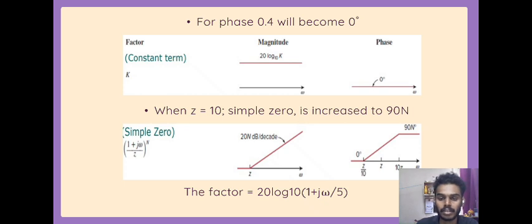The second is our zero at omega equals 10, which follows the standard simple zero pattern, starting at 0 phase shift for low frequency, reaching positive 45 degrees at omega equals 10, and approaching positive 90 degrees at high frequencies. Thus we get the 90n notation; since we have one zero where n equals 1, the maximum phase contribution will be positive 90.